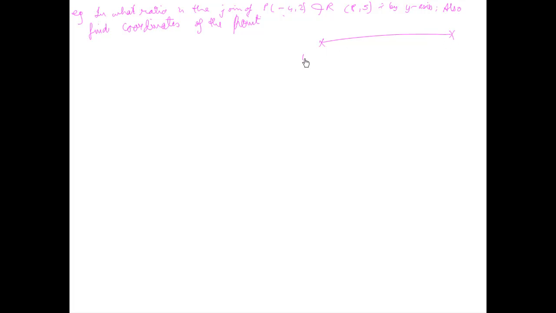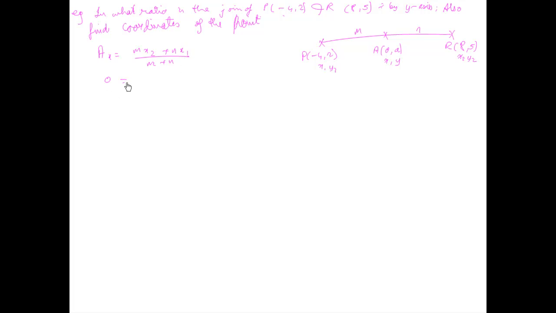So that's P having coordinates -4, 2, R having coordinates 8, 5, and divided by the y-axis means the abscissa is 0. Take the point as A, so (0, a). Ratio being m is to n. Now the formula for this, children, the abscissa part, that's A of x would come out to be mx2 plus nx1 upon m plus n.